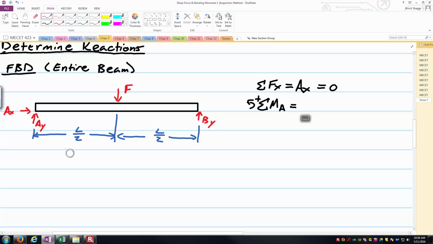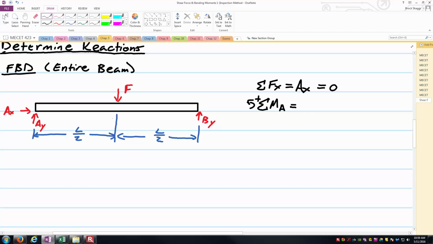So looking at the moments about point A, obviously A sub x and A sub y don't go into this equation at all. Their perpendicular distance is going to be 0, and so they won't have contributions to the moment equation. Next, if I work left to right, I have F, and it is going vertical. I've got this horizontal distance between it and the point that we're taking the moments about, so it is going to contribute here.